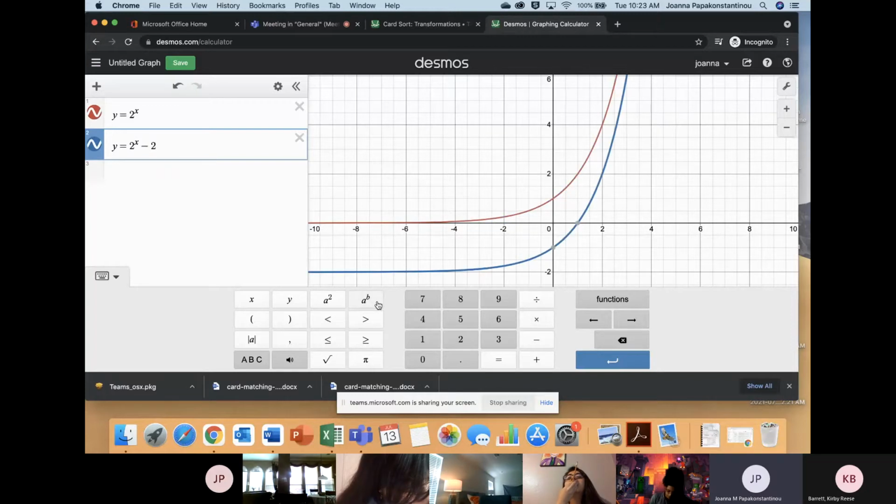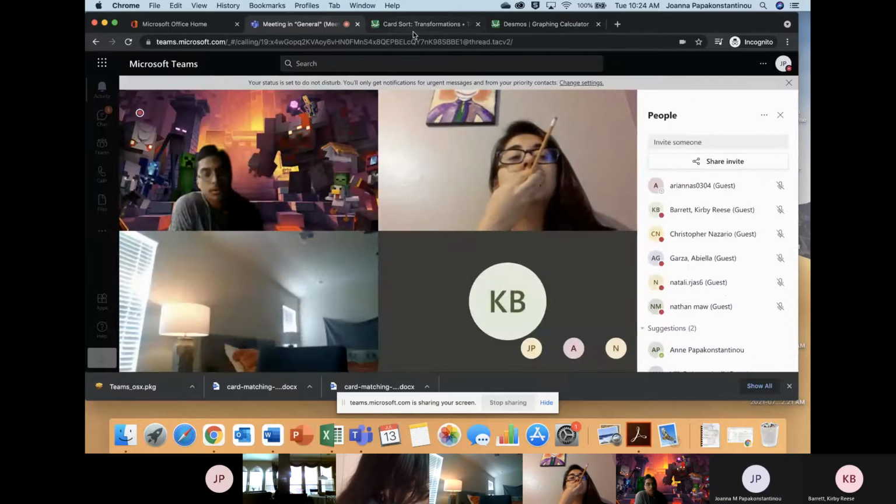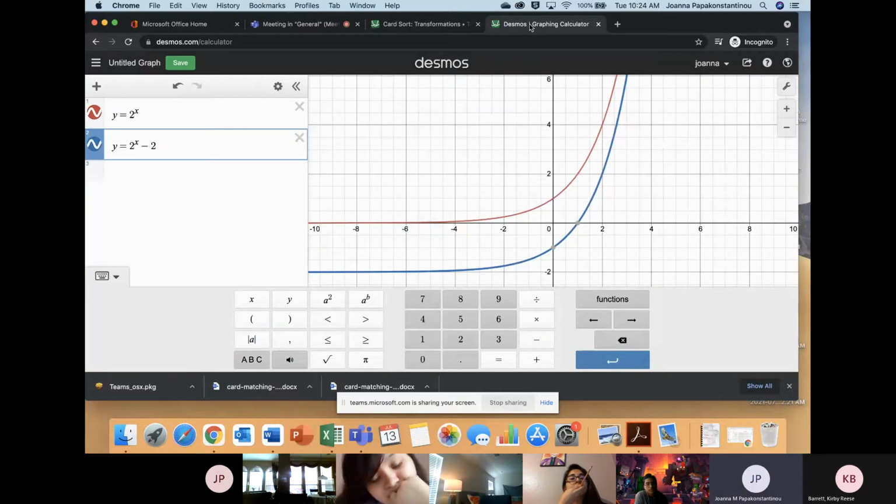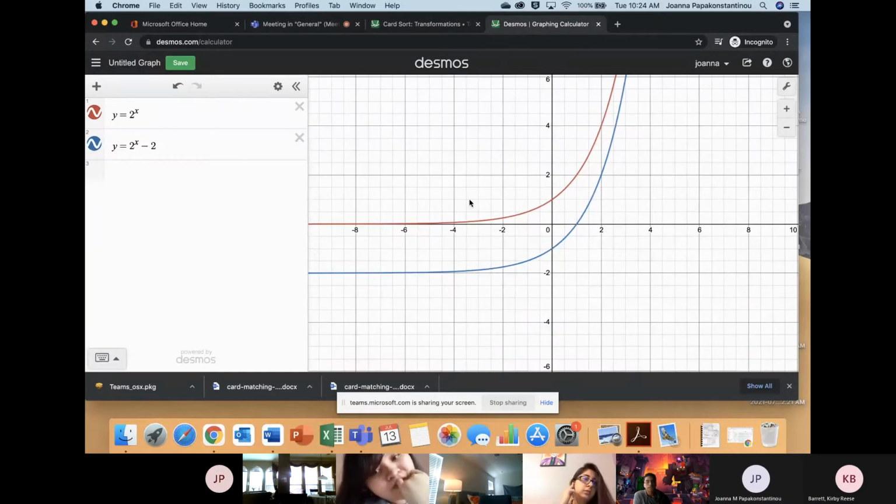So looking at that, can y'all see that? No. Oh yeah, you can see that. What is the domain of the image function, of this blue one?